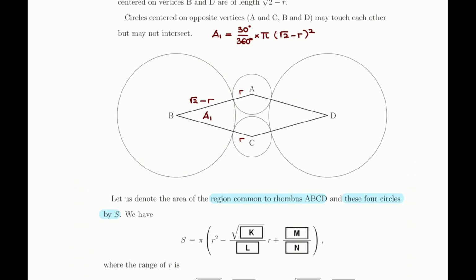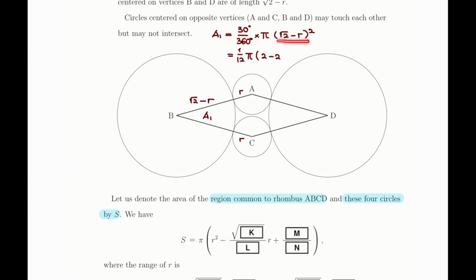If I simplify 30 divided by 360, I get 1 over 12 pi, and then I need to expand this. This is 1 over 12, not 1 over 2. Let me write it down once again: 1 over 12 pi.